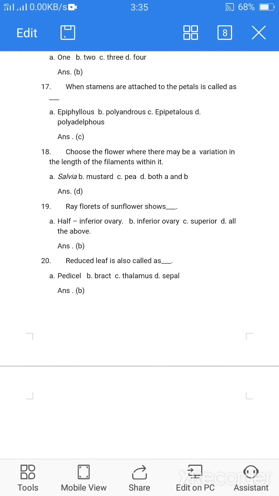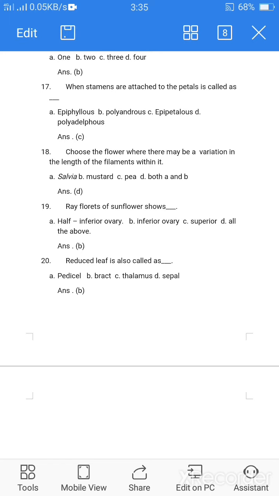Next question. Ray florets of sunflower show option A, half inferior ovary, option B, inferior ovary, option C, superior ovary, option D, all the above. The correct answer for this question is option B, inferior ovary.